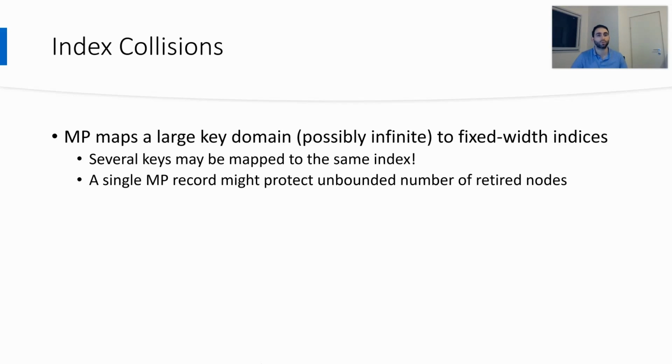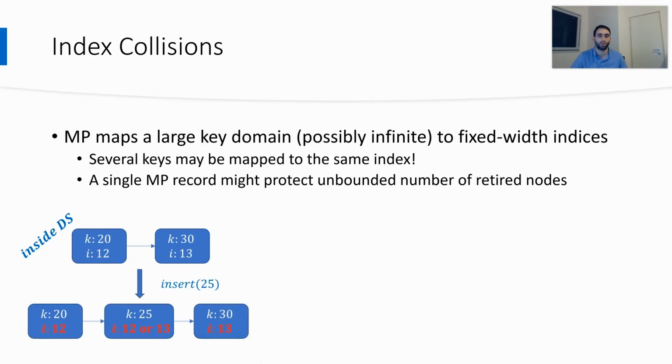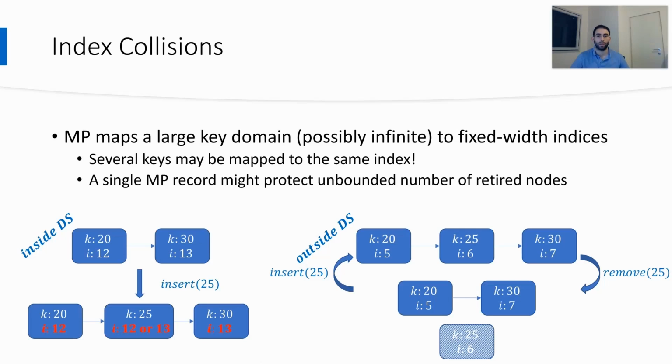There are two types of collisions. The first one occurs inside the data structure, and it happens when there is not enough space for an integer between the index of the predecessor and the index of the successor. The second type occurs outside the data structure, between retired nodes, and if we repeat this process, we can get an unbounded number of retired nodes with the same index.